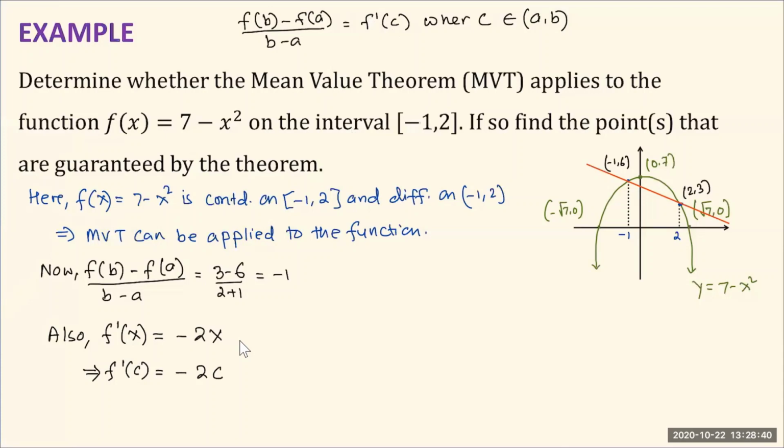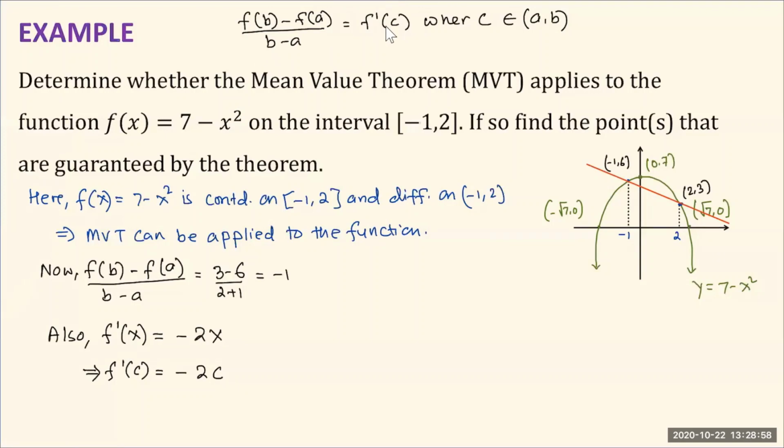Negative 2c. So we have this value, f of b minus f of a over b minus a, and also we have f prime c. But this function satisfies the mean value theorem. So when the mean value theorem is true, these two values must be equal.